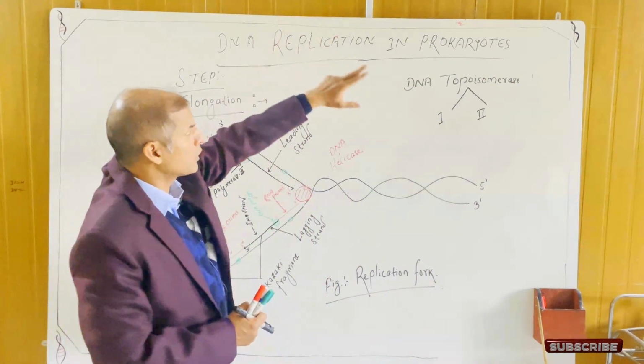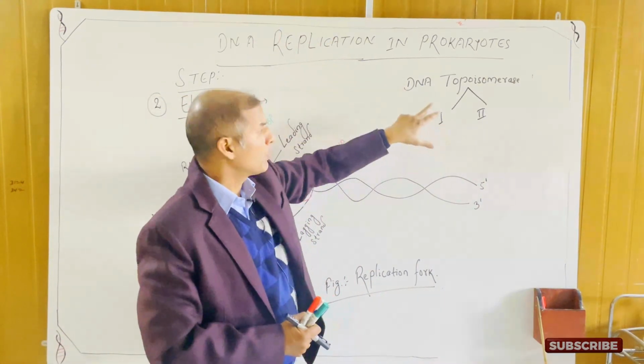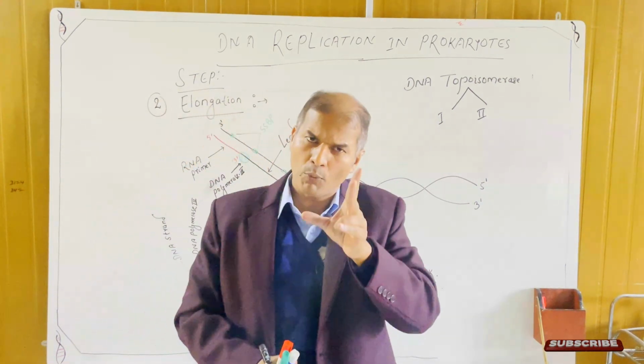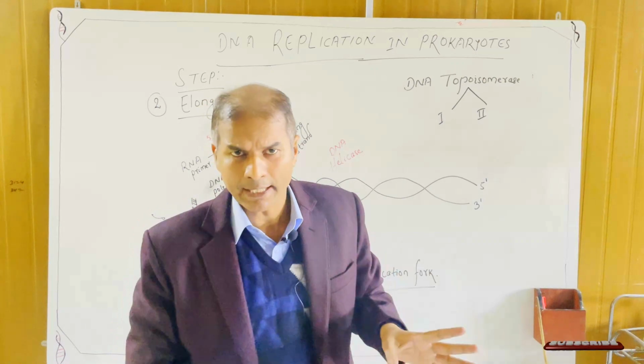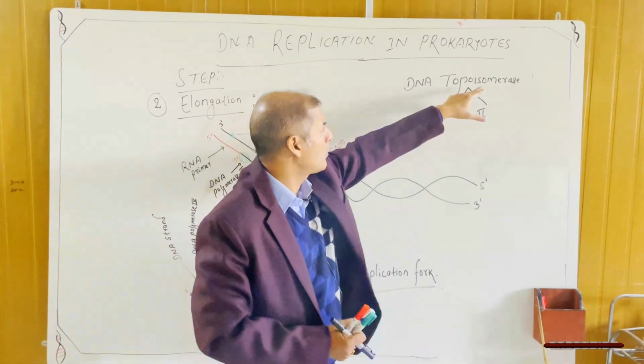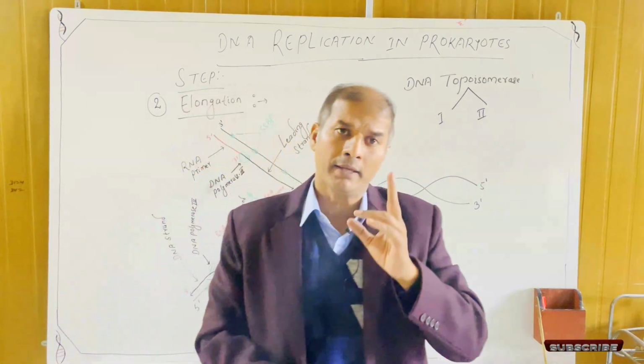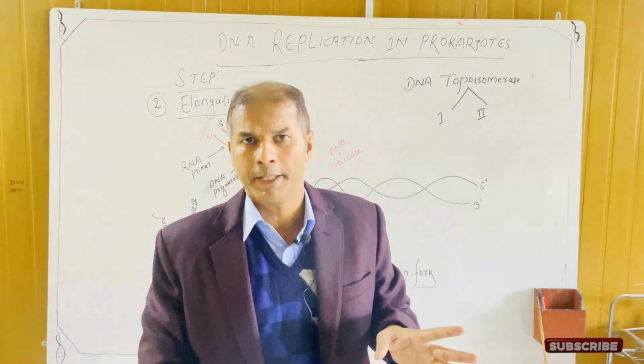DNA topoisomerase type 1 will relax supercoiling by cutting one of the strands of DNA, and DNA topoisomerase 2 relaxes supercoiling by cutting both strands of DNA.